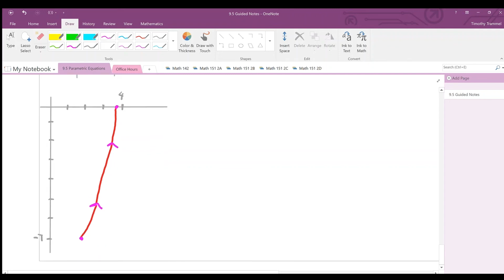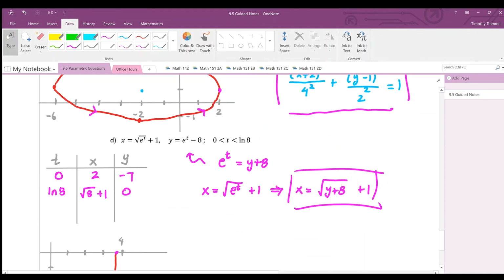The only thing we need to change on our graph here is you may note that the t interval that we were given doesn't say t greater than or equal to 0, less than or equal to the natural log of 8. It says these are strict inequalities, strictly less than. Okay. So we shouldn't actually include our endpoints this time.